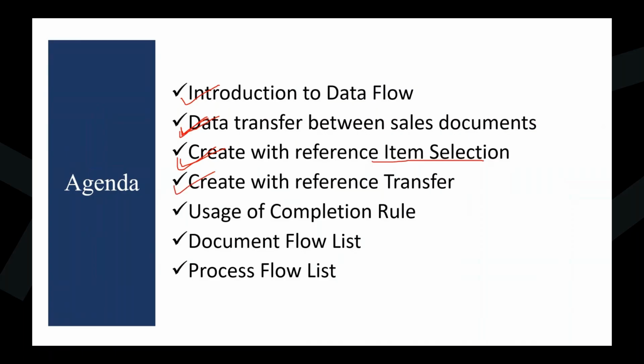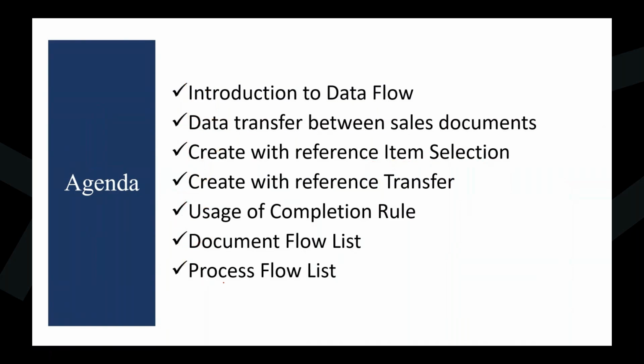Then create with reference, transfer, so total copy, how it happens. Then the usage of the completion rule, how the completion rule works, we'll see. Then document flow list, how to see the document flow list in the system, and then process flow list in theory. So these are the topics we will be covering in the data flow.